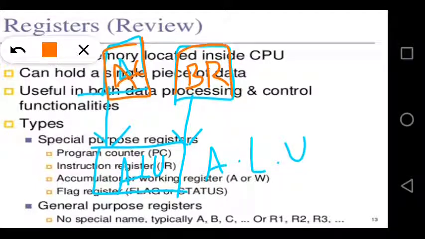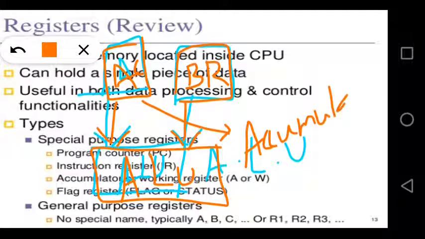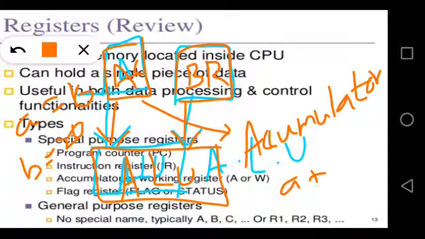This AC is called the accumulator register. The specialty of this register is that, let's assume A is 10 and B is 20, then A plus B becomes 30.